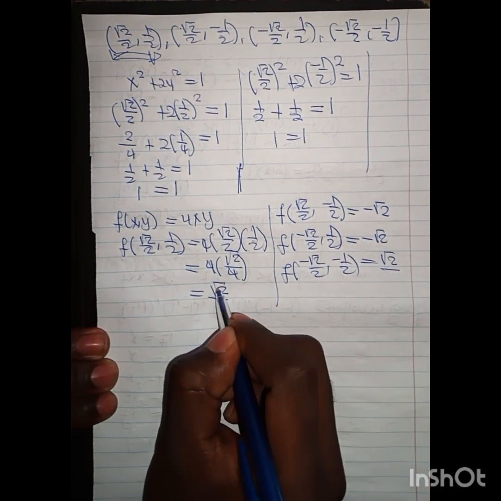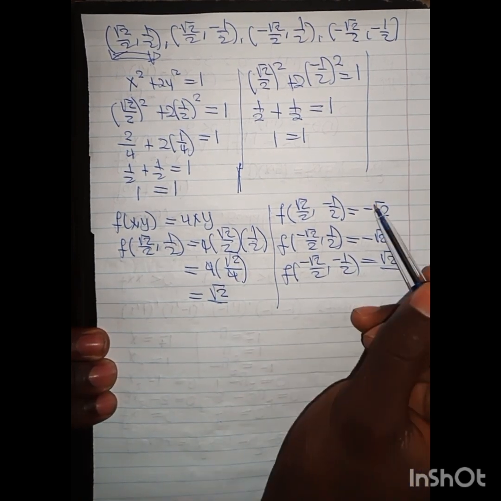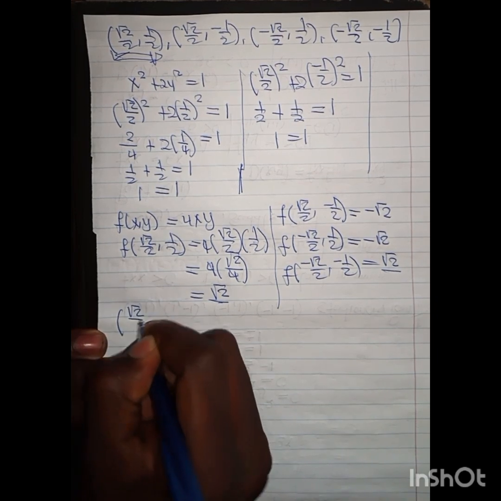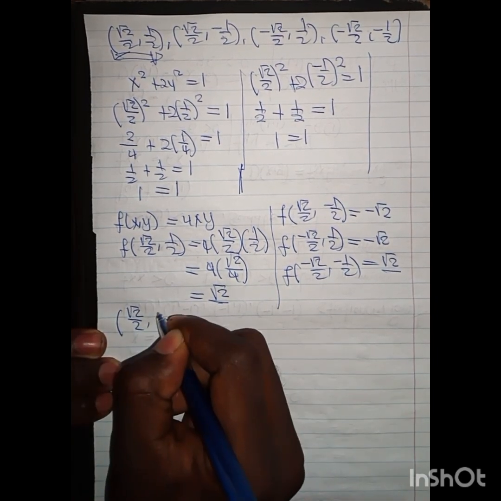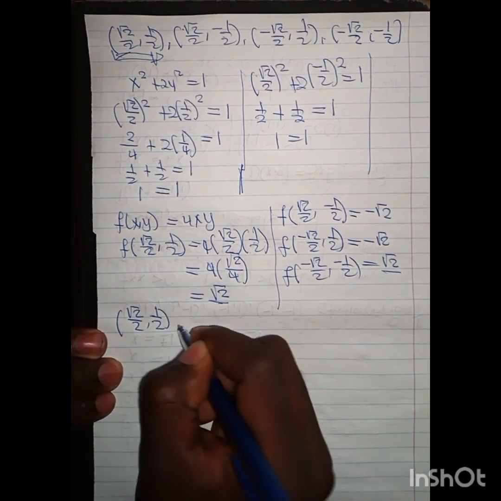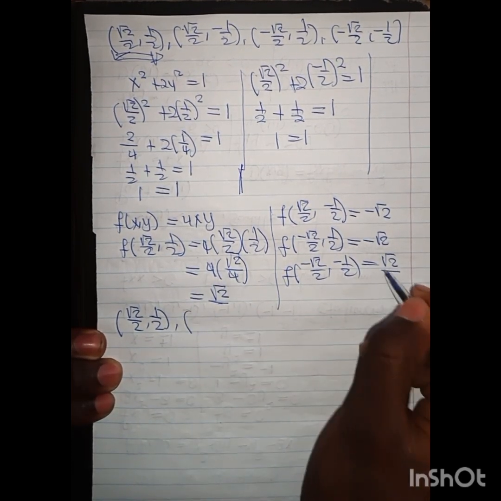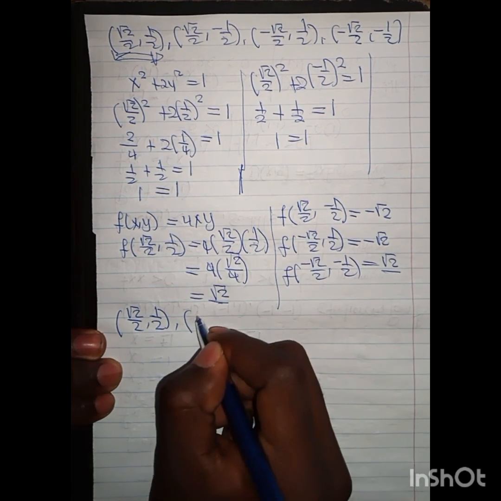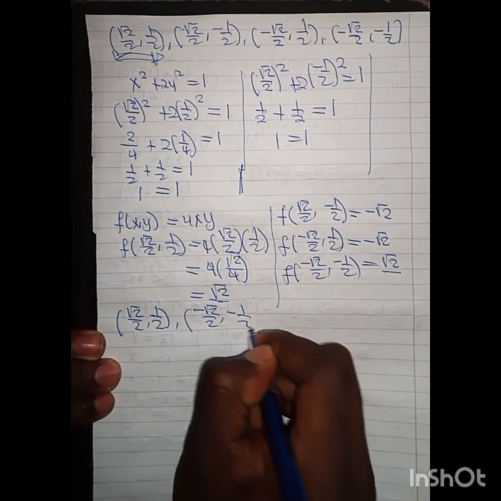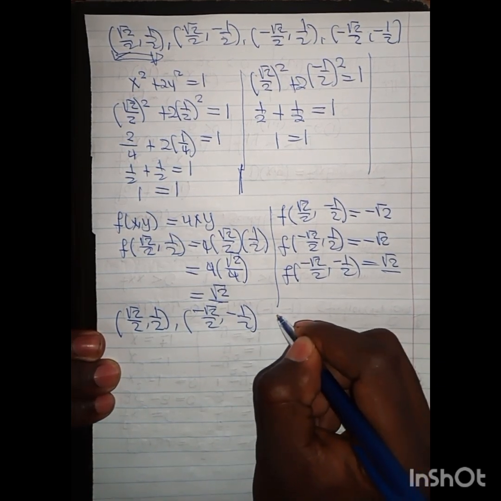Since this one is greater than the negative, it means the point root 2 over 2, 1 over 2, and this one, the two are positive, minus root 2 over 2, minus 1 over 2. These points are maximum.